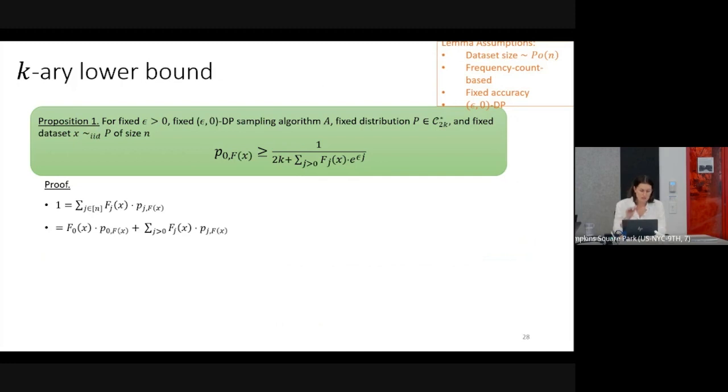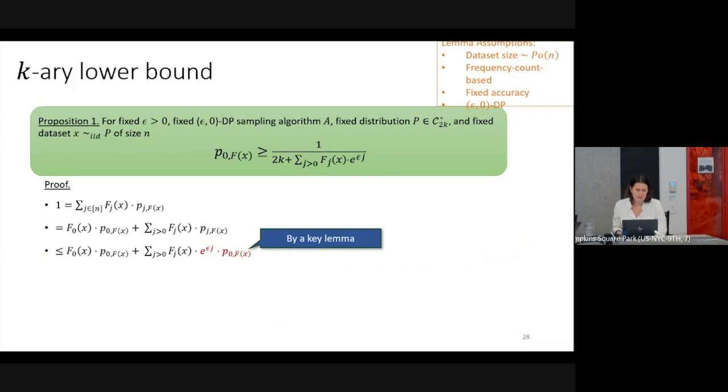So just separating out that first term. And then using a key lemma that I'll show you in a minute, we can relate the probability of releasing an item that occurs j times to the probability of releasing an item that occurs 0 times. And this is by a group privacy argument in differential privacy. And then the rest is pretty much done for us.